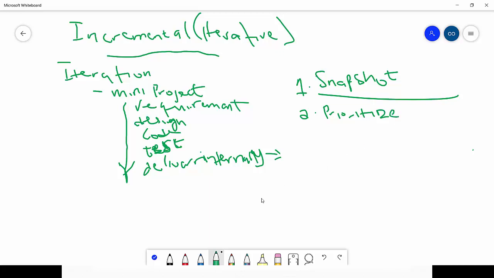Understand what we are talking about. We are talking about an iterative model as opposed to a plan-driven traditional model. So after you prioritize, you prioritize the requirements based on the customer's ranking. It's not based on what you think. In any software development effort, your customer or your user comes first.